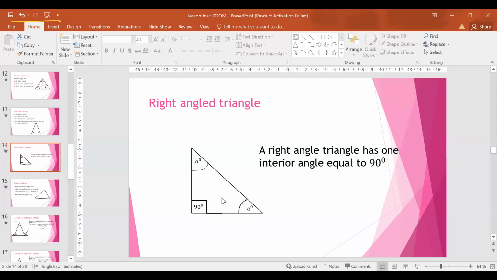If these two angles are equal, this place will be 45 and this place will be 45. Okay.